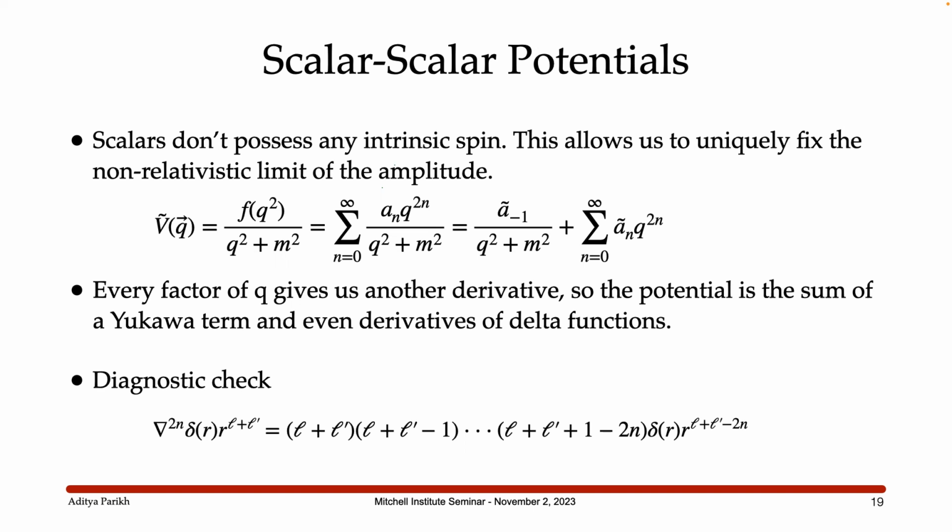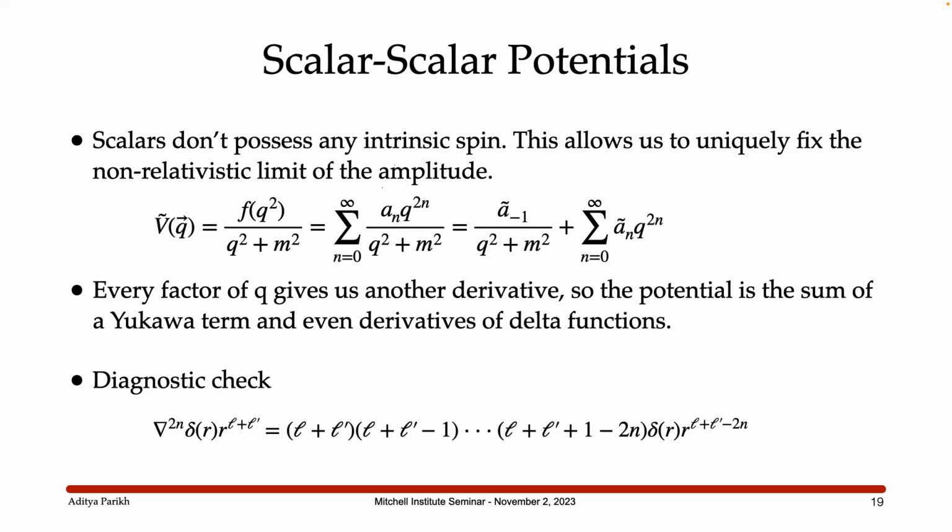If you hit it with n equals 1, which gives you two derivatives acting on this, you end up finding that the states that end up being pathological are going to be L and L prime both 0, or L and L prime 1 is 0 and 1's 1. And that's exactly what's going to be killed off by this coefficient term out front. And so you end up finding that all of the terms in this non-relativistic expansion work out exactly fine, and you get a well-defined answer.